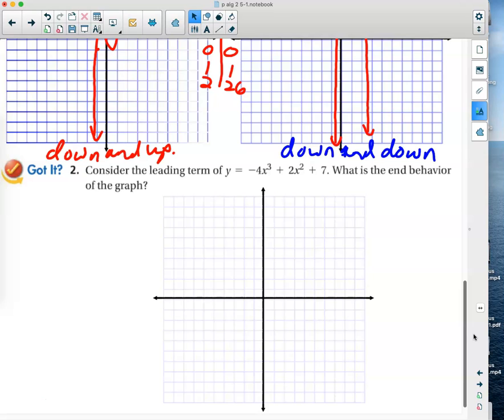Again, talk about what you see and what it tells you when you get to the breakout rooms. So make sure you unmute yourselves.